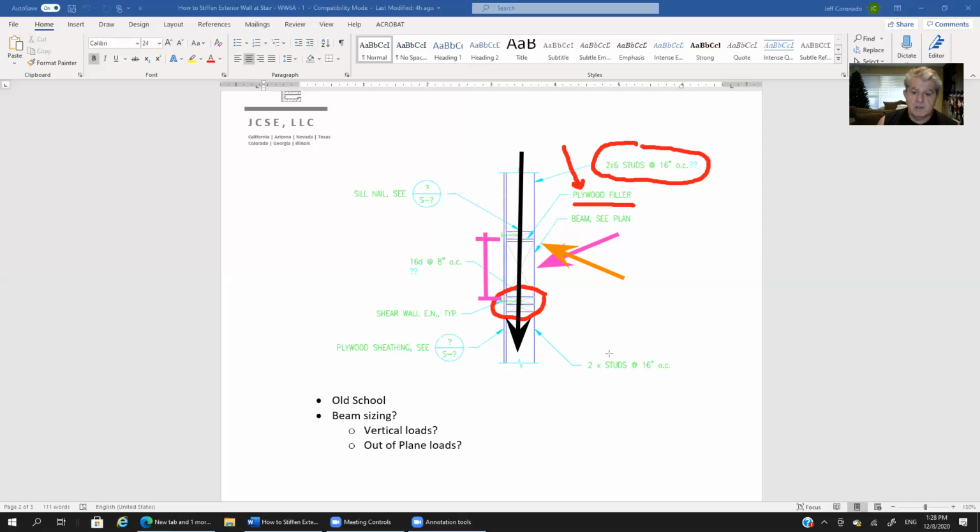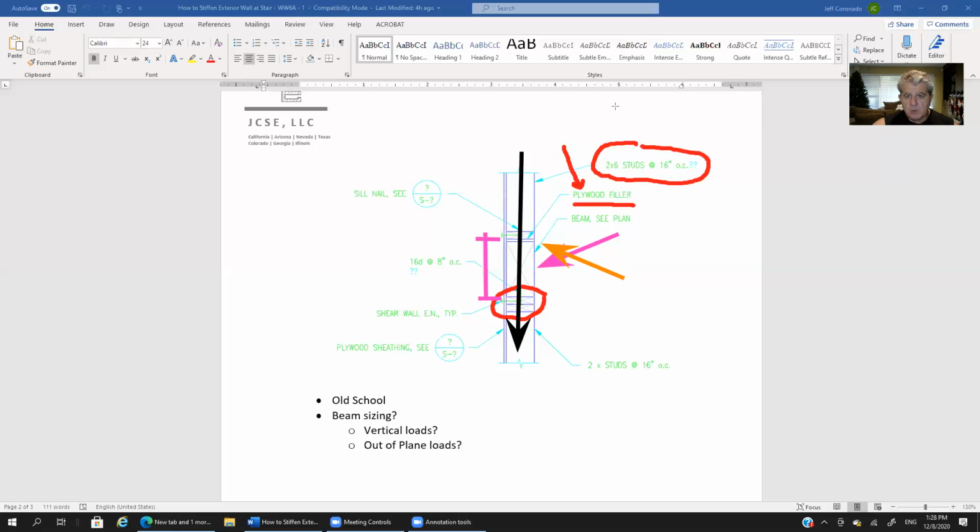I guess you could make the argument that you might need to check crushing there, but even if we did, that's a matter for another tutorial. Basically, I'm not going to worry about the crushing on that beam. I'm just going to assume that the loads transfer directly from the stud above to the stud below.